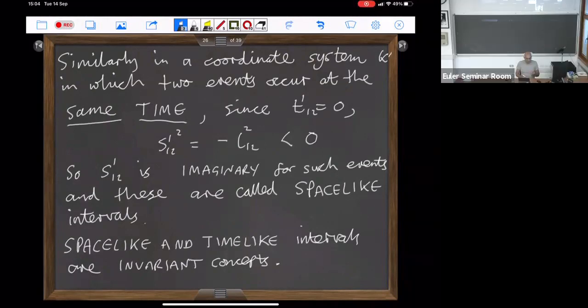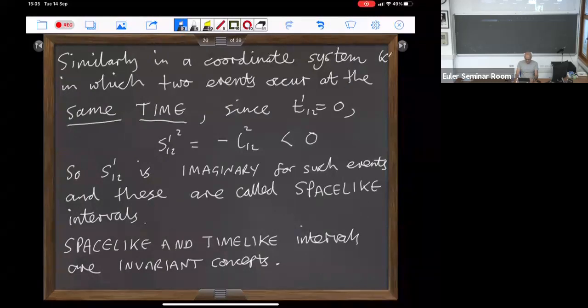So then T12 prime is 0, and the interval squared is minus L12 squared, which is clearly less than 0. So the interval for such events is imaginary. And these intervals are called space-like intervals. Okay?